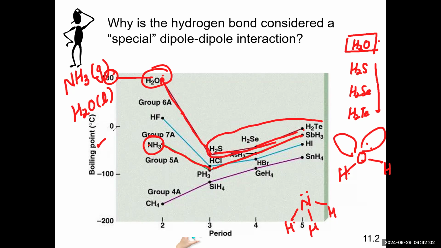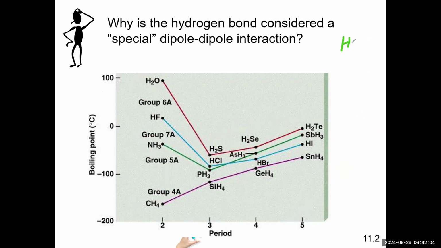Okay, now let's see HF. The difference in electronegativity is very large, but there is only one hydrogen bond, so that's why it is lower than water. And then HCl, HBr, HI. HF is higher than HCl.